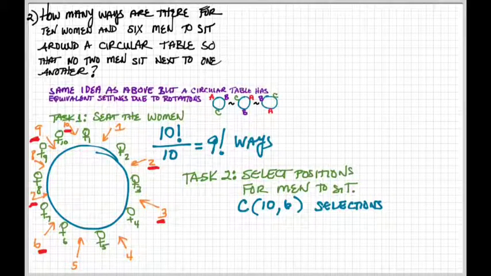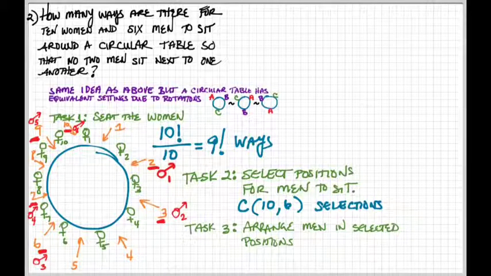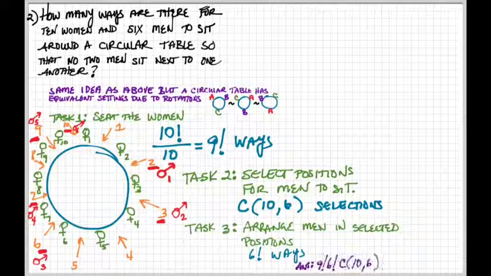Once you've selected those 6 positions, you have to order the men in them, and there will be 6 factorial ways to do that. So the answer for sitting 10 women and 6 men around the table so that no men sit next to each other is the product 9 factorial times 6 factorial times 10 choose 6.